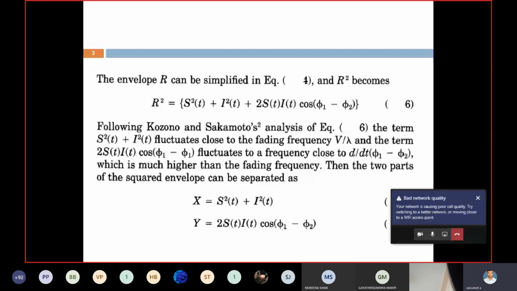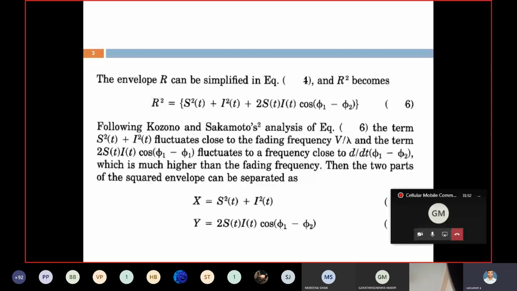From this equation, based upon the analysis of Kojono and Sakamoto, the term S square of t plus I square of t is the original signal plus something that relates to fading. What is fading?